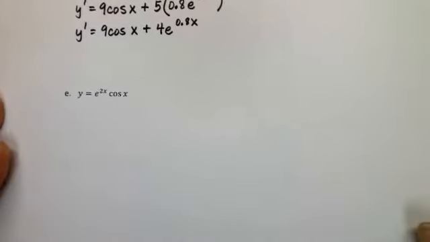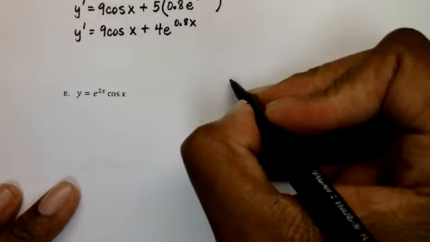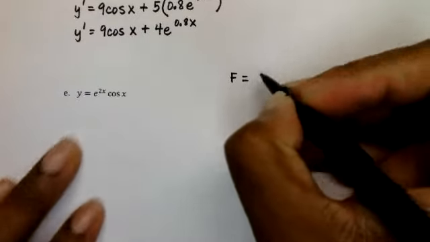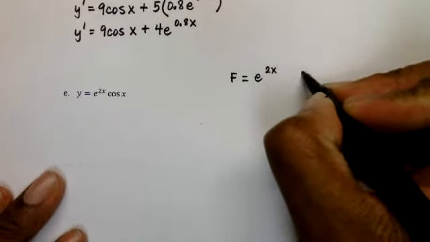Now part E, again, we're going to have to use the product rule on this one, for y equals e to the 2x times the cosine of x. So let's identify the first and the second. The first would be your e to the 2x, and then your second would be cosine x.